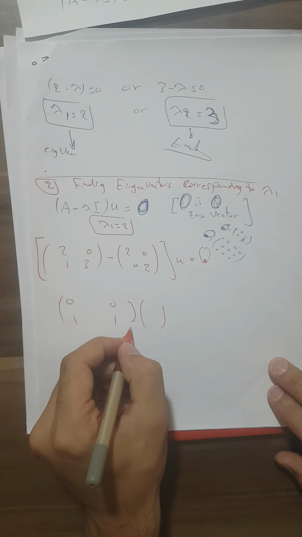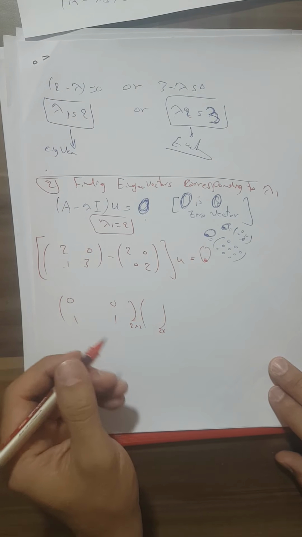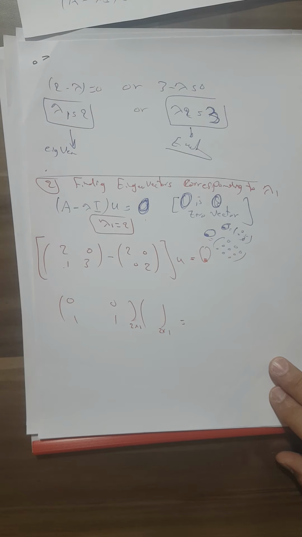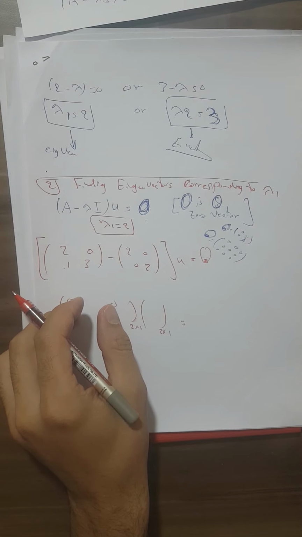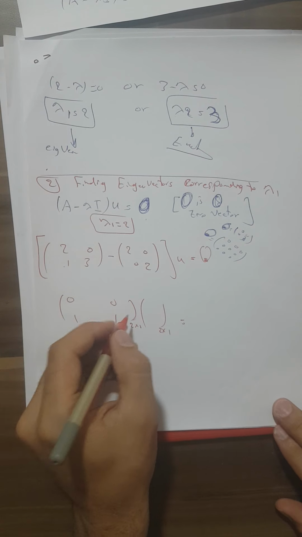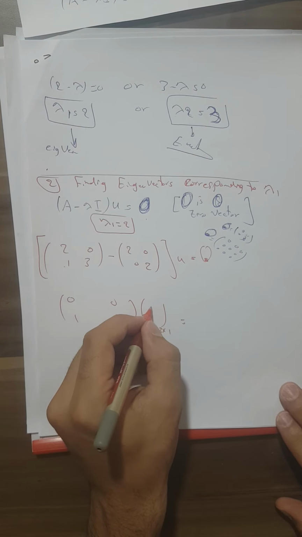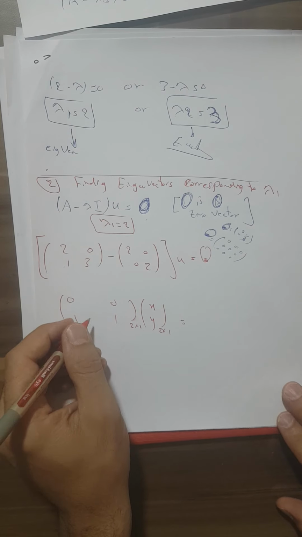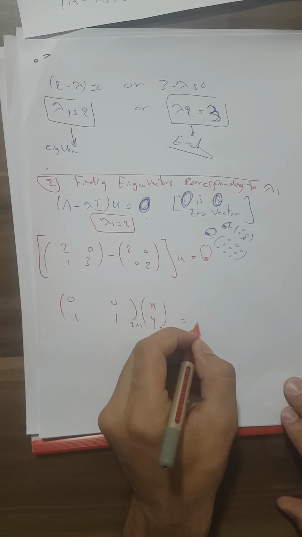Because you have 2 by 2, u should be 2 by 1. Why? Because this 2 by 2 means that we are in R2, and we have two values, that's why we have two values here. In your book it may be renamed as x and y; maybe I'm going to rename it as u1, u2, up to you.